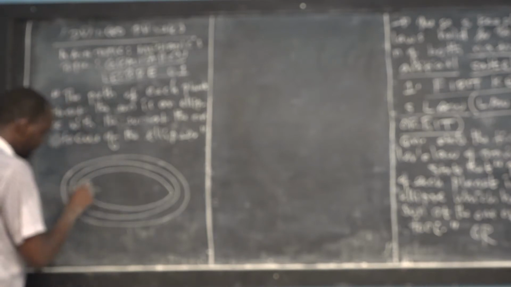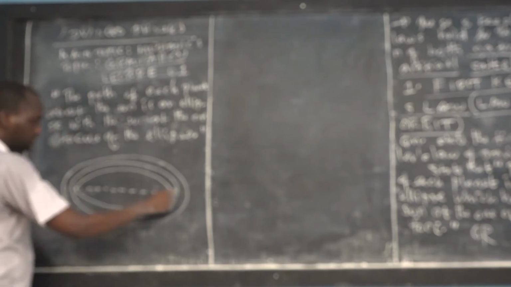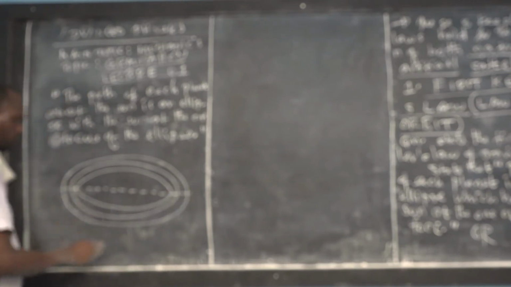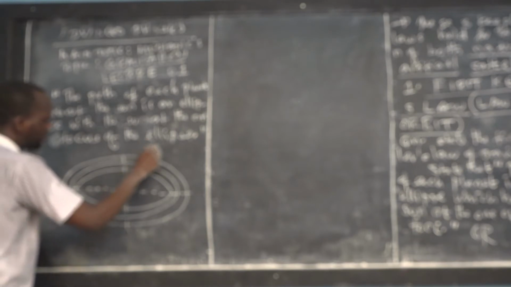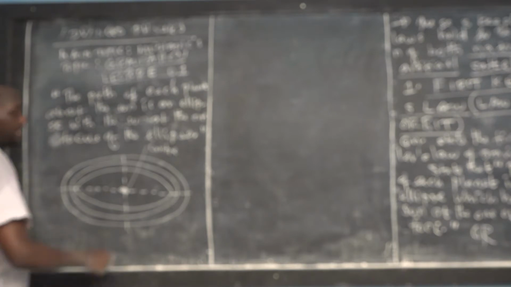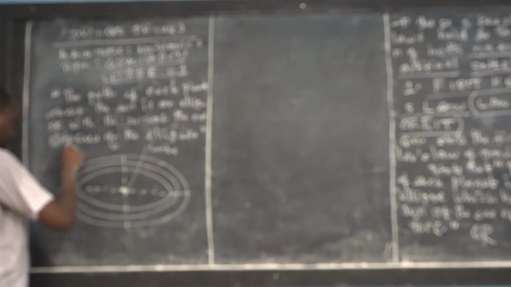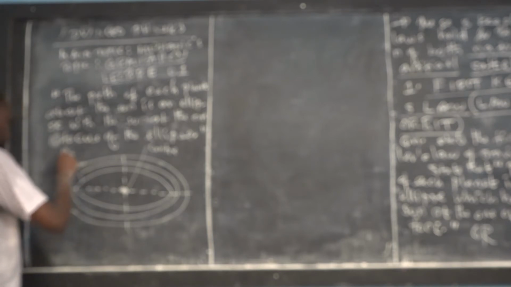Here we call this the major axis, as in conics, in coordinates, and this we call the minor axis. This is the center of the orbit. These three we call planets' orbits, 1, 2, 3.